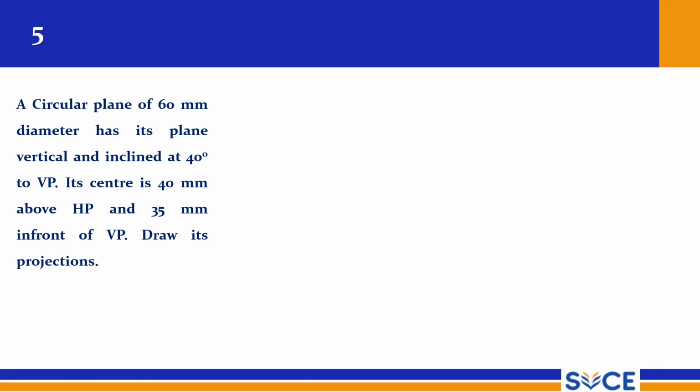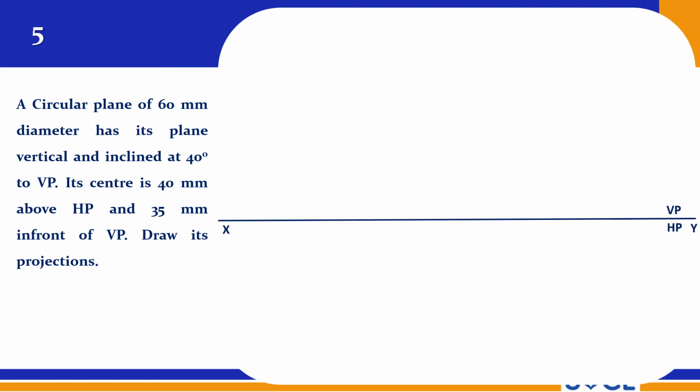So we have to draw the circle as the true shape. So the circle is the true shape, and the plane is vertical. Vertical means it is parallel to VP, right? And inclined at 40 degrees to VP. So it is given 40 degrees to VP, so it is surface inclination 40 degrees to VP, right?